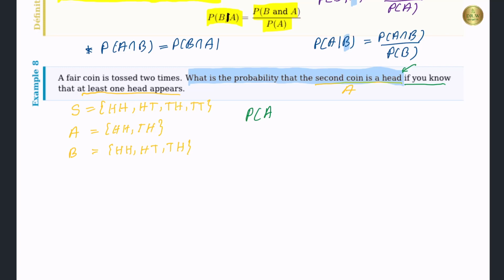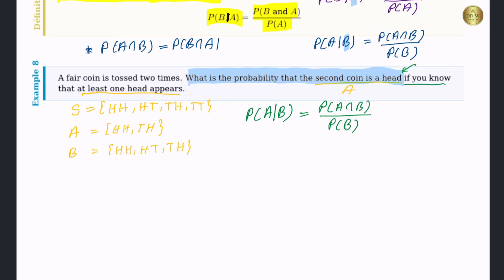So now we know B is the condition. Therefore, the condition should go here. That is the probability they are asking, probability A given B. Then how do we write this? The equation is probability of A intersection B divided by probability of B.